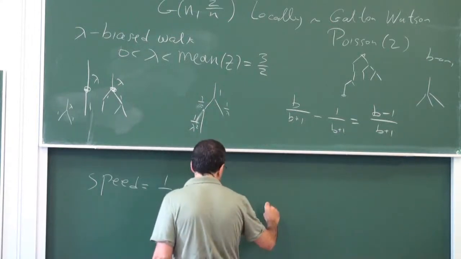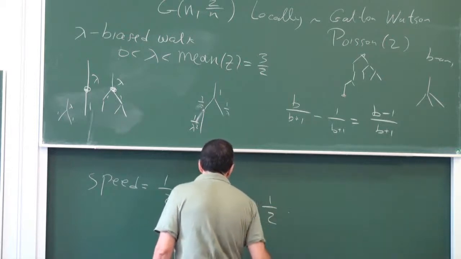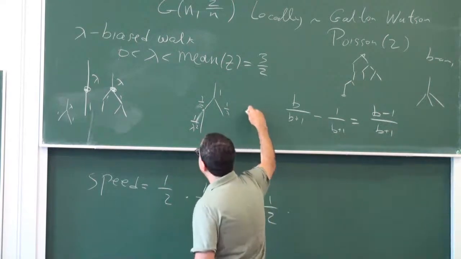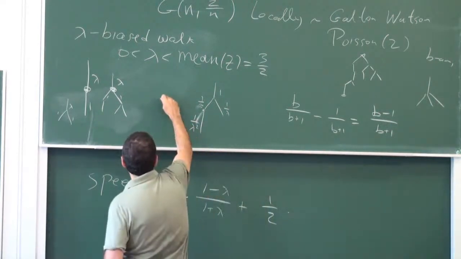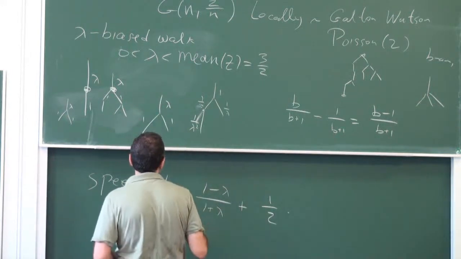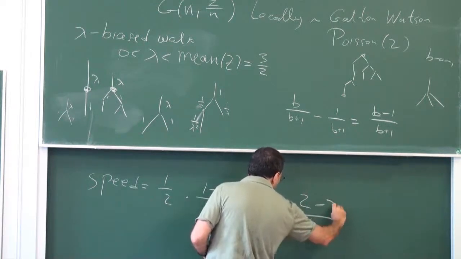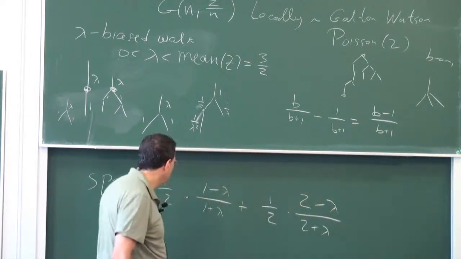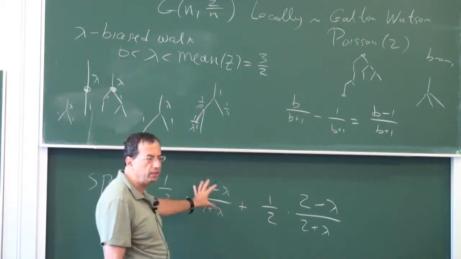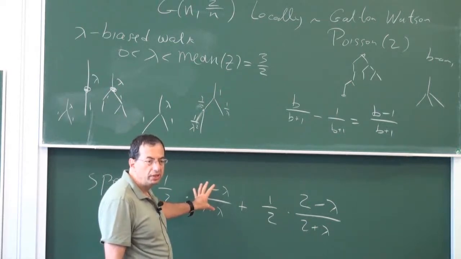So if we are at a vertex like this, with weights lambda, 1, 1, then we move forward with probability 2 over 2 plus lambda, and we move backward with probability lambda over 2 plus lambda. So the same naive argument that led us to 1/6 would lead us to this for the lambda-biased walk. But this is wrong.